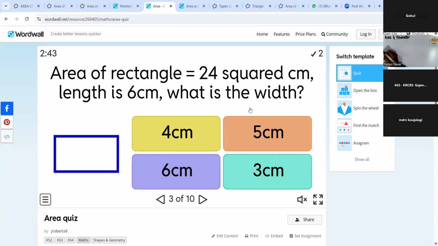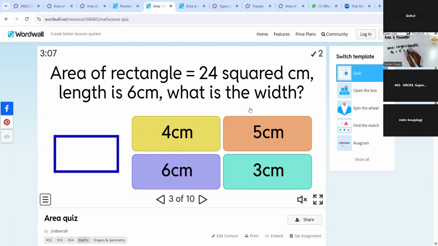So if you look here, area of a rectangle is equal to length into breadth. Area becomes what? It is 24 square centimeter. Length is how much? It is 6 centimeter.